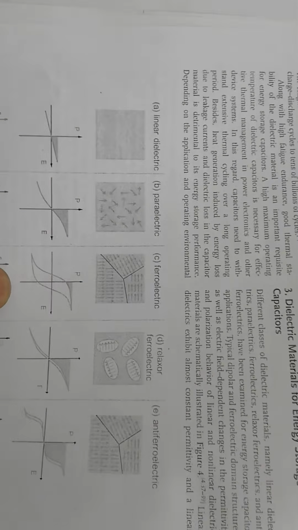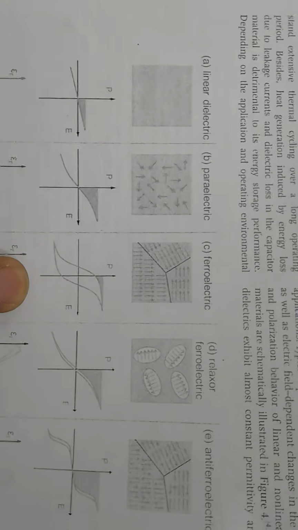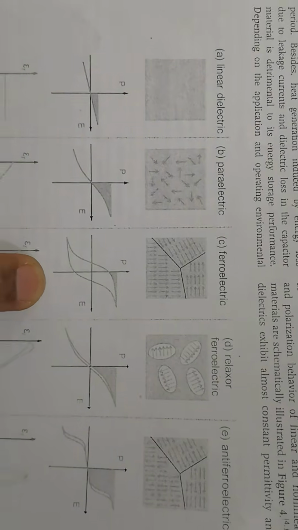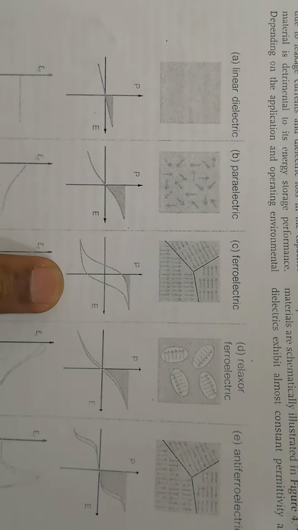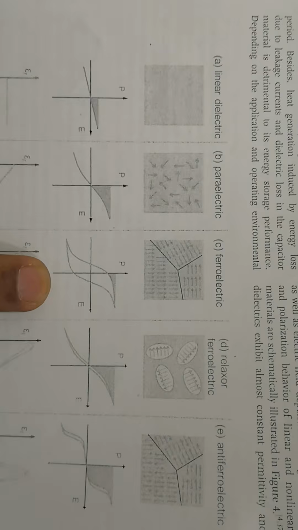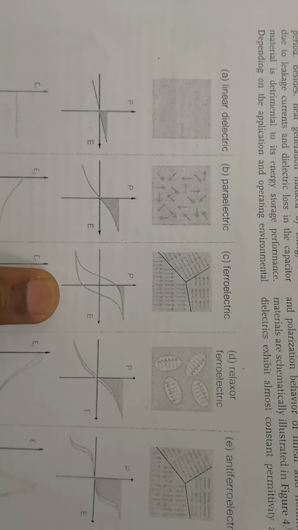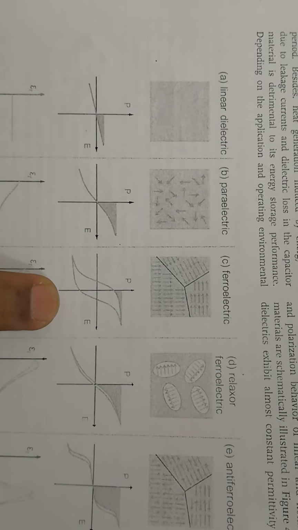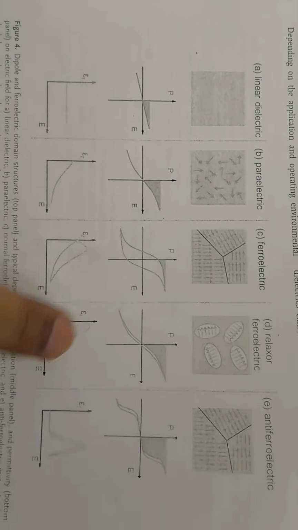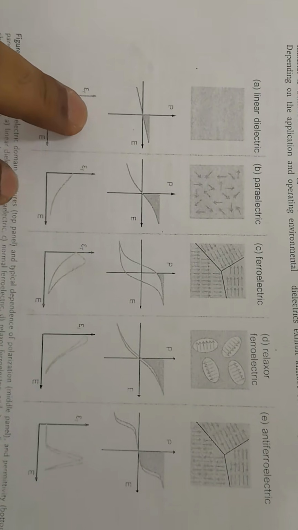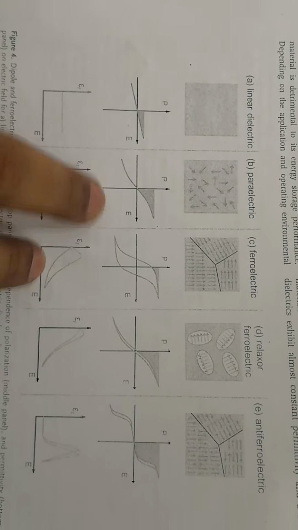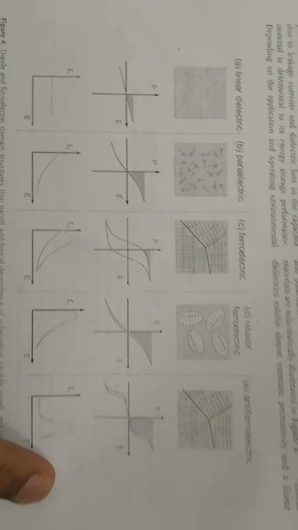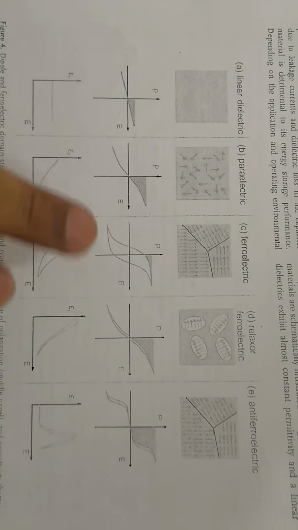The kind of PE loop ferroelectrics show is this one. This is a very basic PE loop which we generally study or see in our textbooks. You can see there is a different PE loop for all these materials, right?